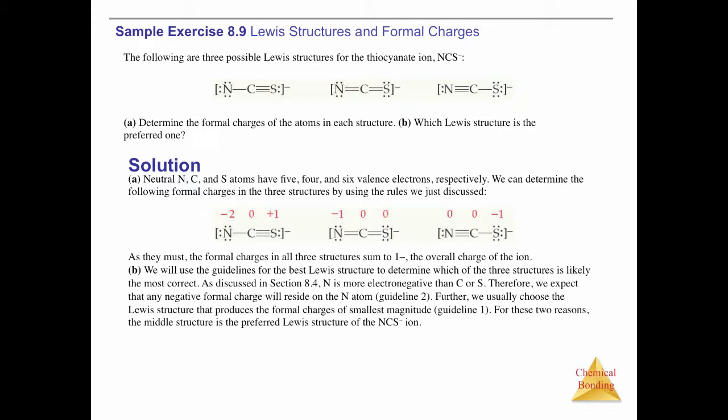For these 2 reasons, the middle structure is the preferred Lewis structure. So again, this one has too high of a formal charge. These 2 are pretty much the same as far as formal charge goes, but the nitrogen needs to have the negative formal charge associated with it because it's more electronegative.